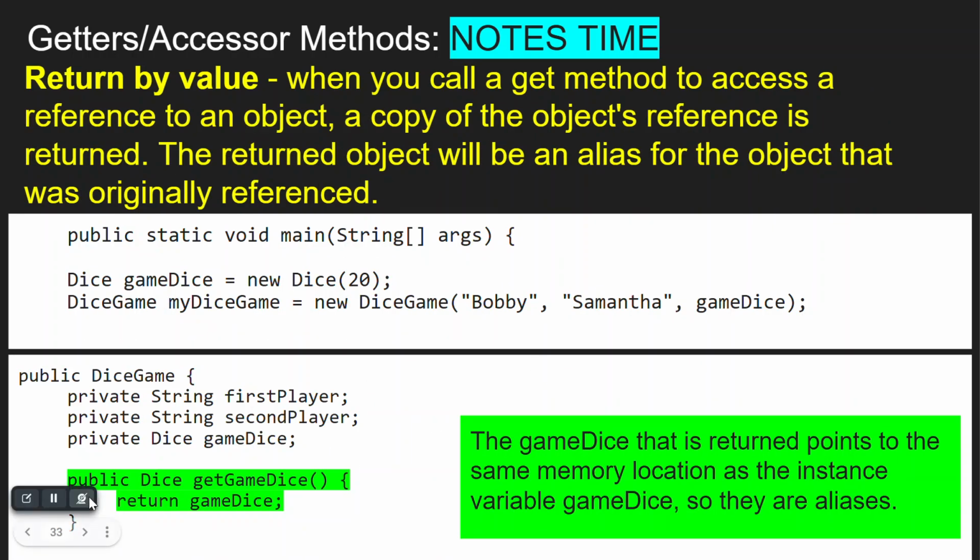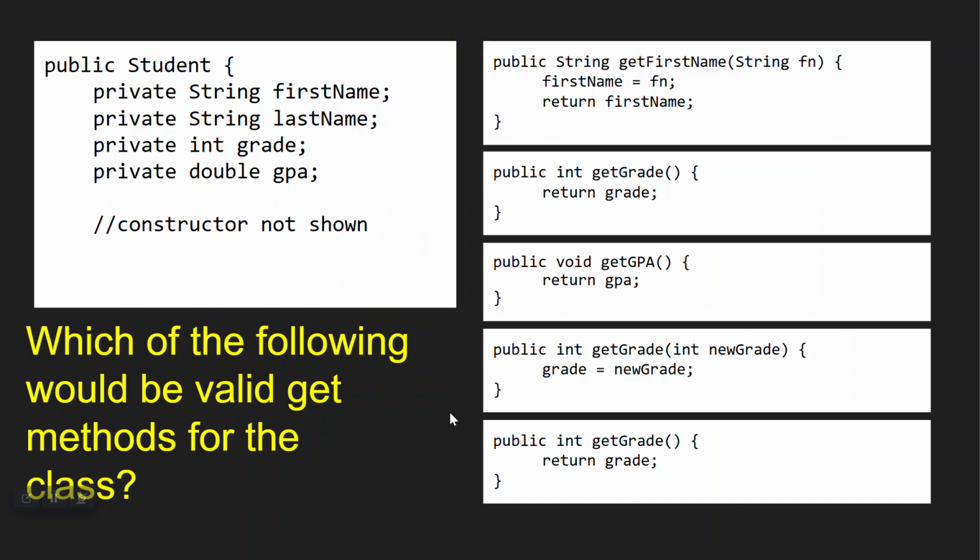However, if you have a get method that returns a reference to an object, like this one you see right here, it is possible that if you alter this object, it will also alter the original. So just an important distinction to make.